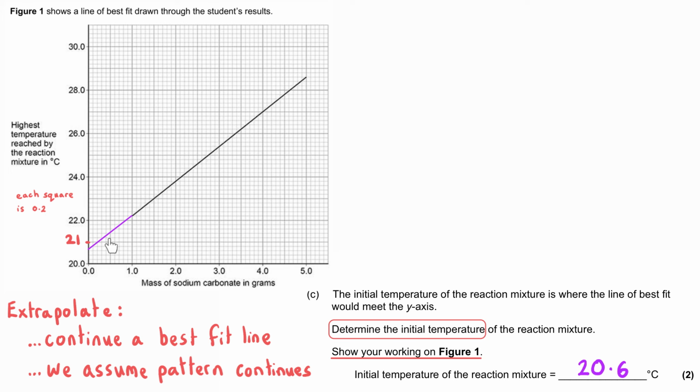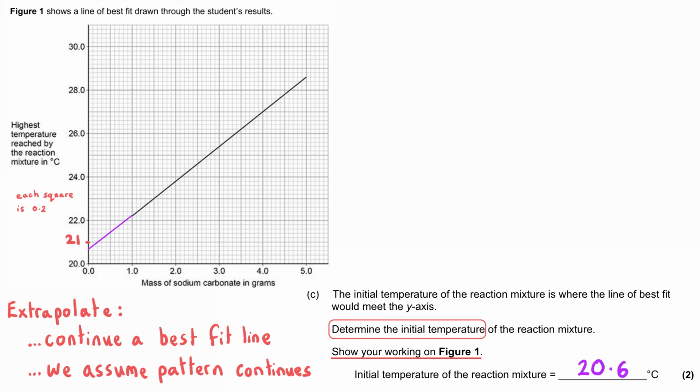So I'd get 1 mark for the extrapolated line, continuing that best fit line along, and 1 mark for my actual value of 20.6. And if you made an error with your extrapolation, but then read off the y-axis value correctly, you would get 1 mark of the 2.